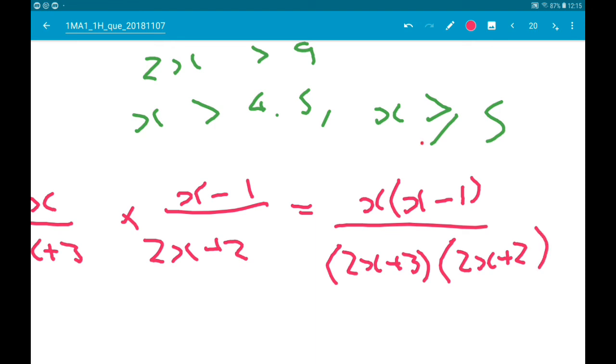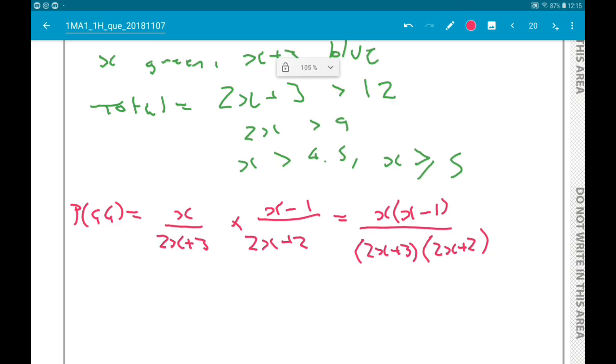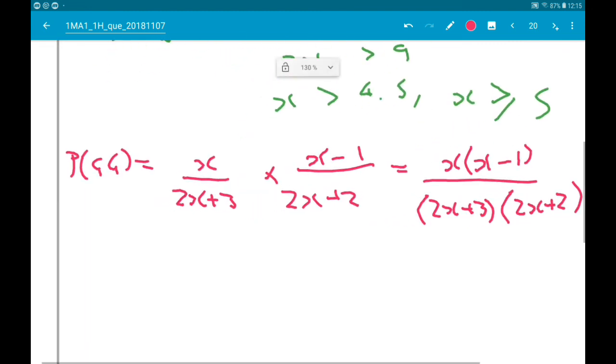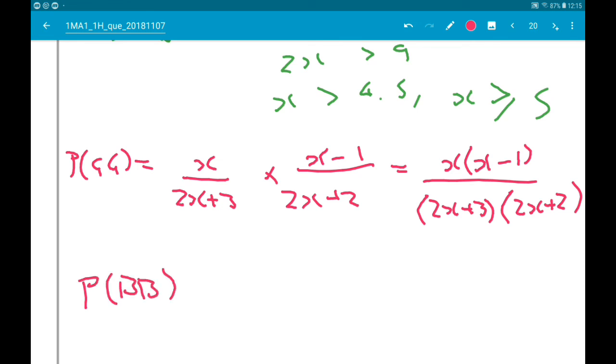Lovely. Okay, then with the blues, so the probability of blue is going to be, on the first one there are x add 3 blues, so that's x add 3 out of 2x add 3.